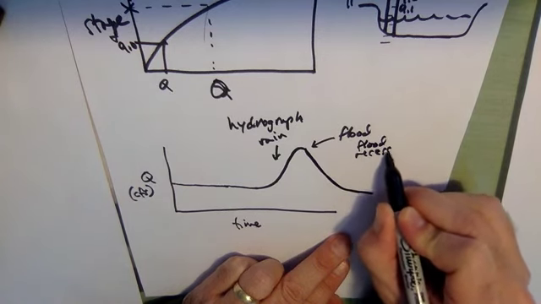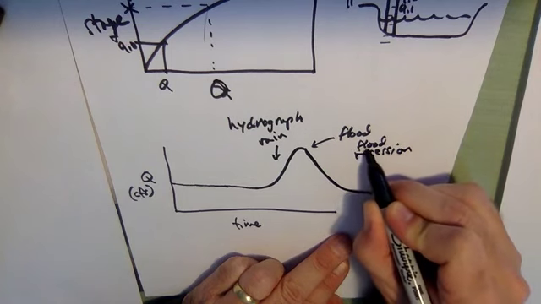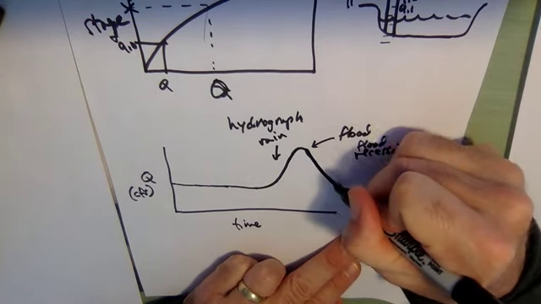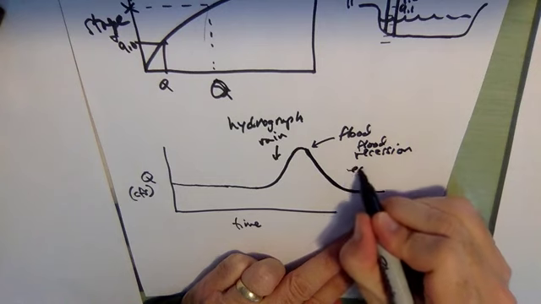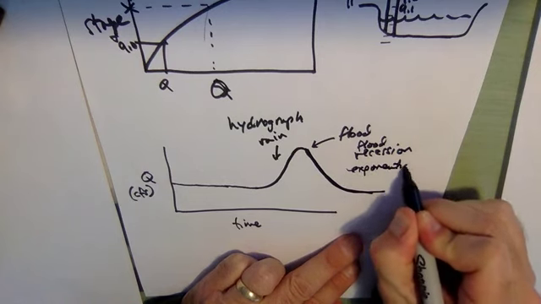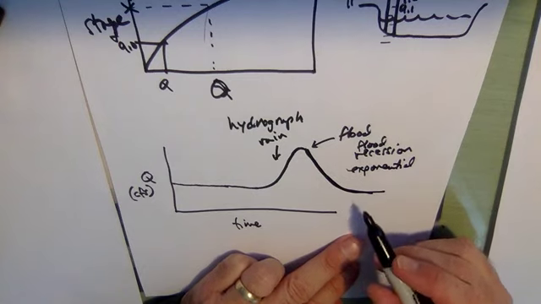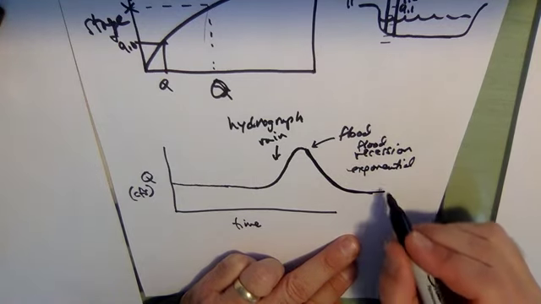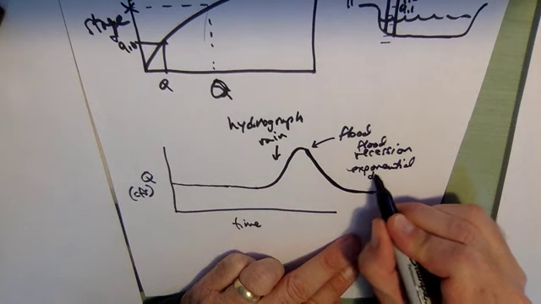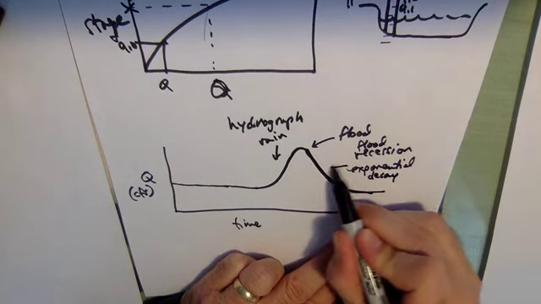The flood recedes, and the way it recedes is kind of this exponential curve. If you've ever dealt with radioactivity or biology, like ecology, exponential change is a really important part of all that. So this is exponential decay, the shape of this curve.